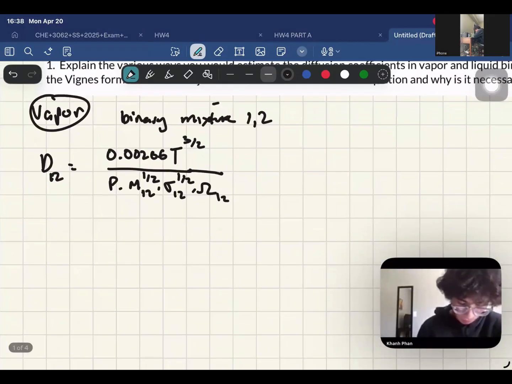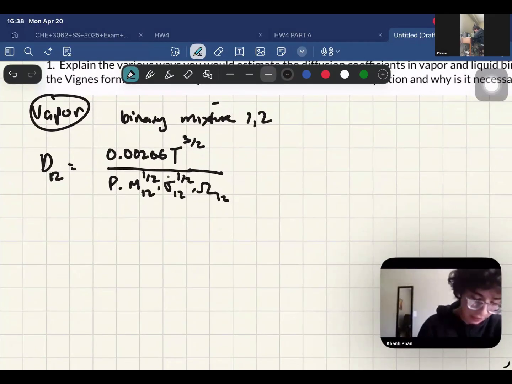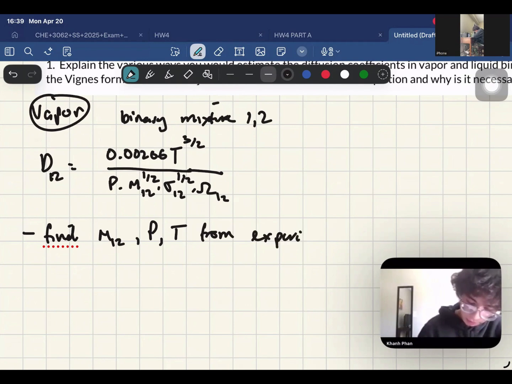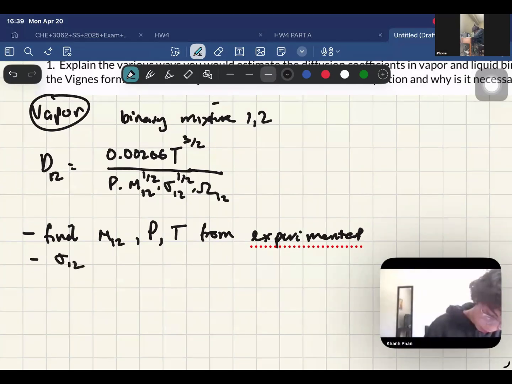And then to find each of the individual variables, we can find the molecular weight of one and two, pressure and temperature from experimental data, or just any given data. And then we can find the Lennard-Jones energy parameter.